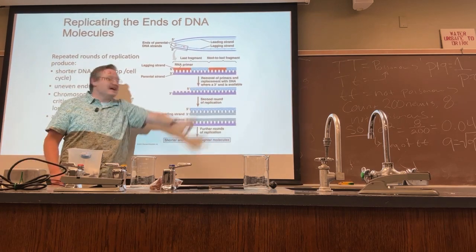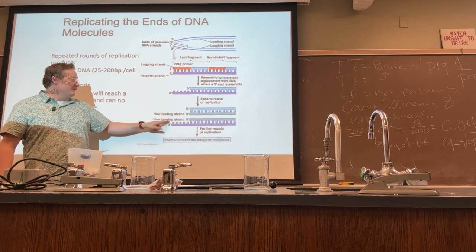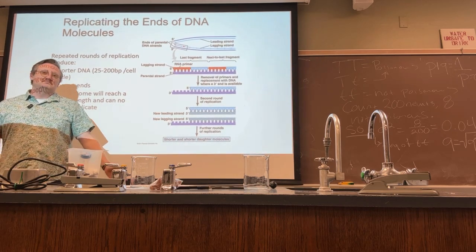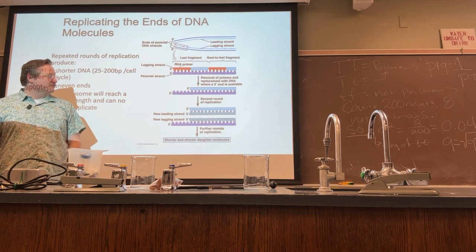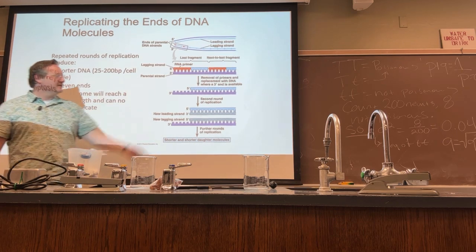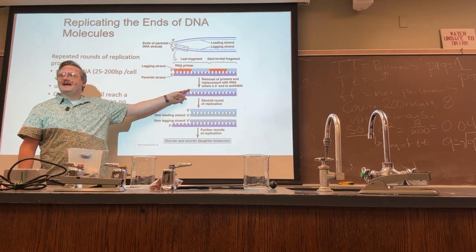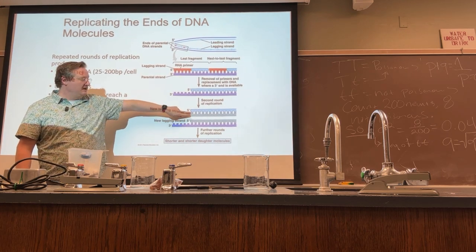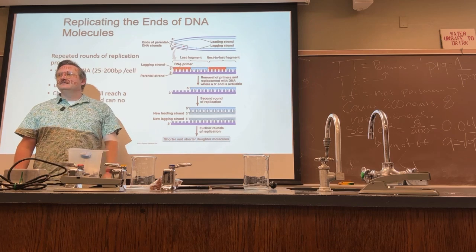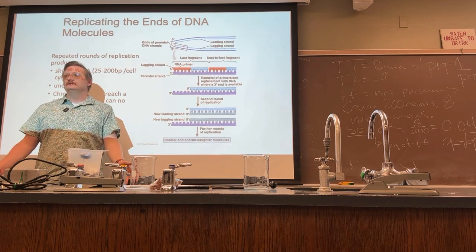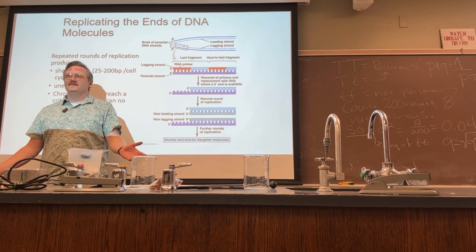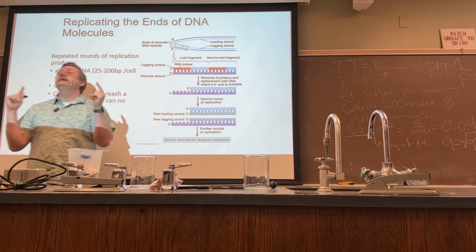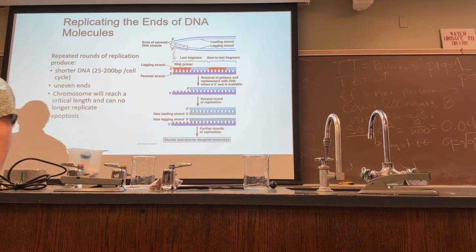So you take that primer out, and now there's just a little hanging piece. Then when you replicate that strand as the parent strand, well, it's shortened. Every time you replicate, one of the strands gets shortened. So you keep shortening and shortening the DNA every time it gets replicated.